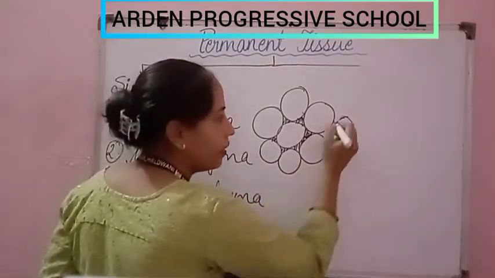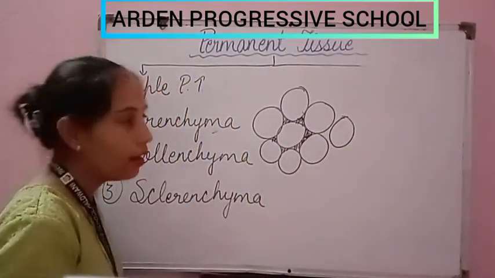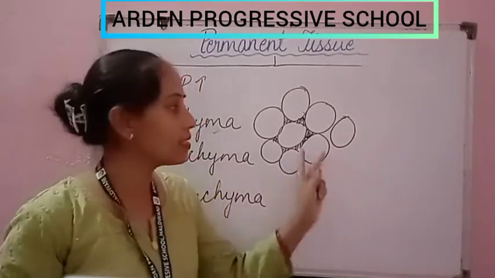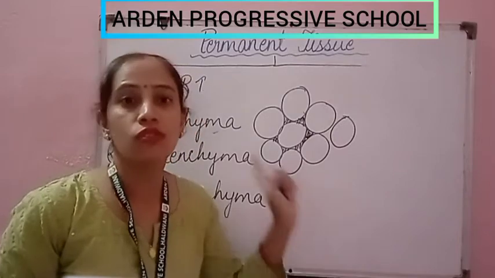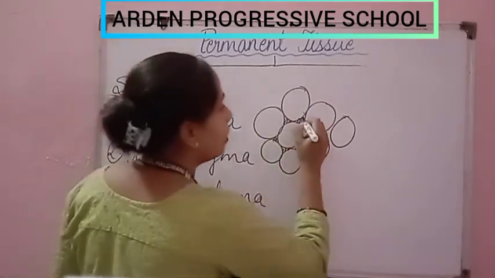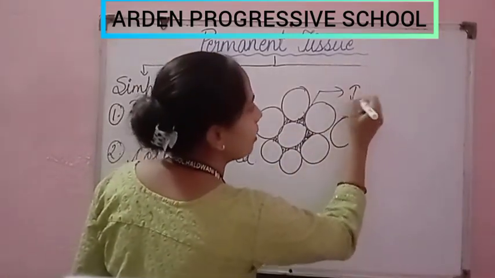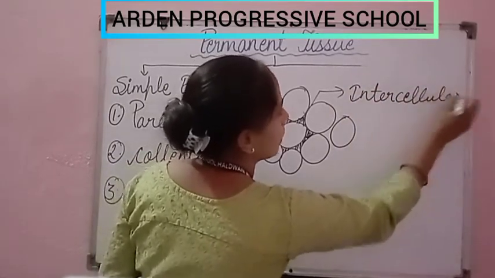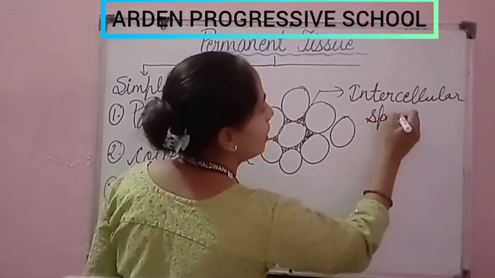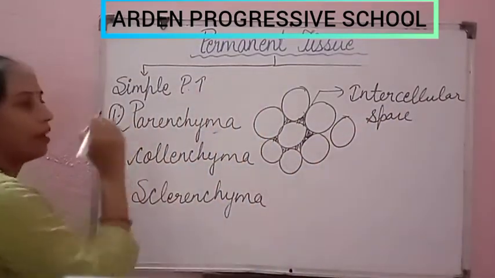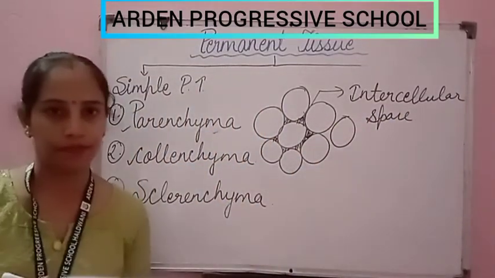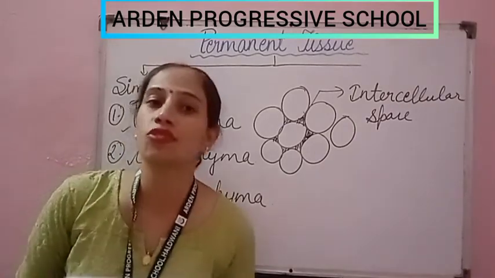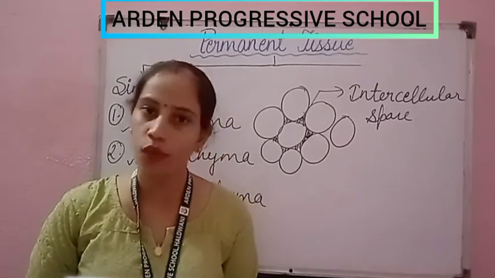They are thin walled and loosely packed. The cells are loosely packed so that they have large intercellular spaces. The intercellular space is present in parenchymatous cells. Clear? They help in the storage of food and water.